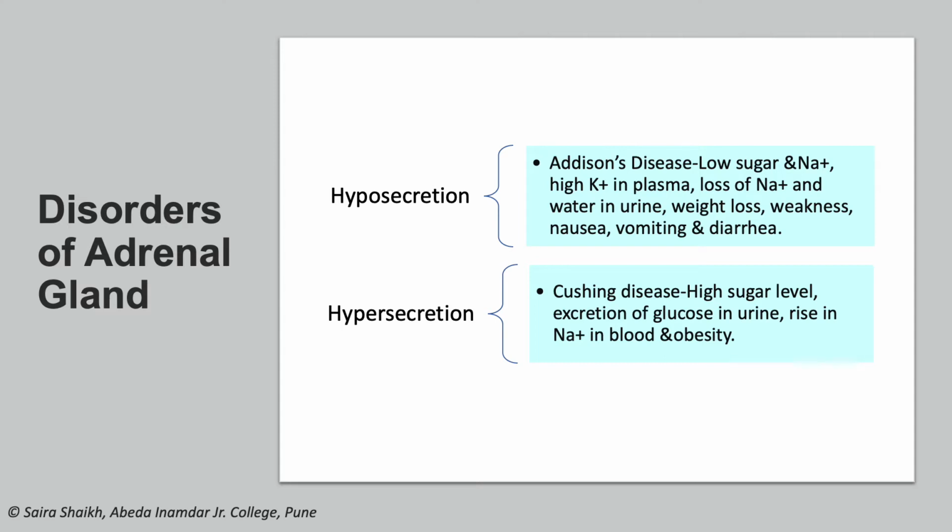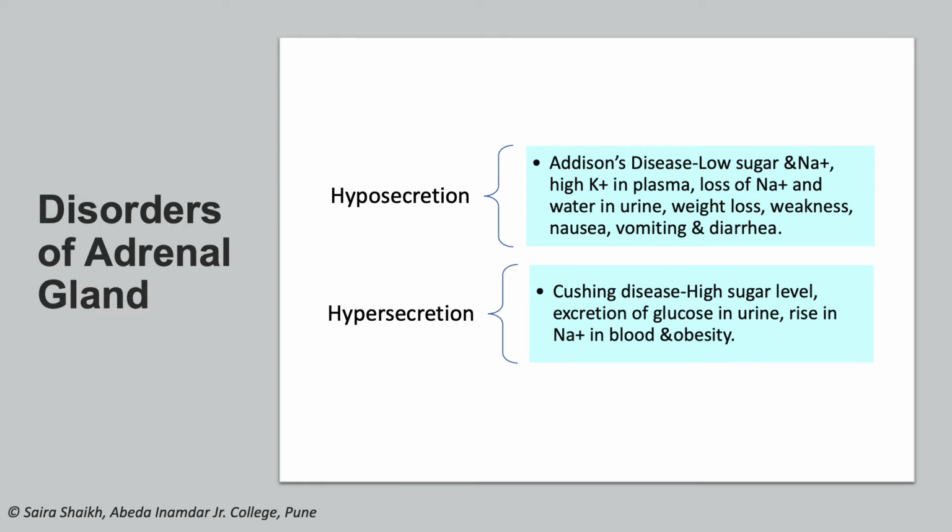Because of that, low blood pressure, weight loss, nausea, vomiting, diarrhea, abdominal pain, low blood sugar, increased skin pigmentation, and loss of secondary sexual characters occur. Such characters can be observed, and on the basis of that, we can identify the person who is having Addison disease.